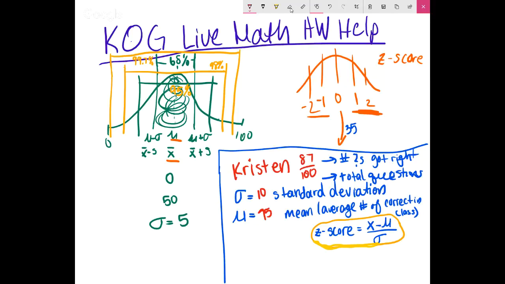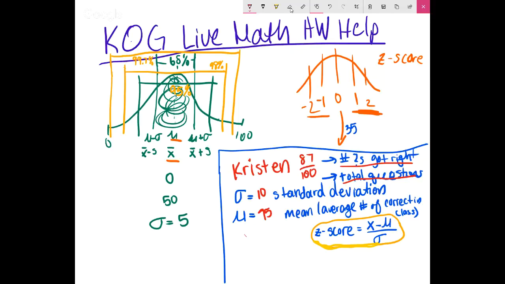Okay. So 100 was the total amount of questions on the test, and 87 is the amount of questions that she got right. For the distribution, the mu, or the average, was 75. So 75 is the average amount of questions that students got correct on their test.